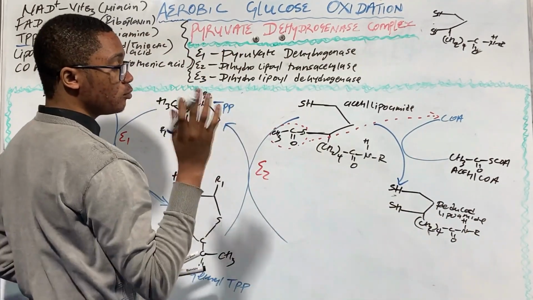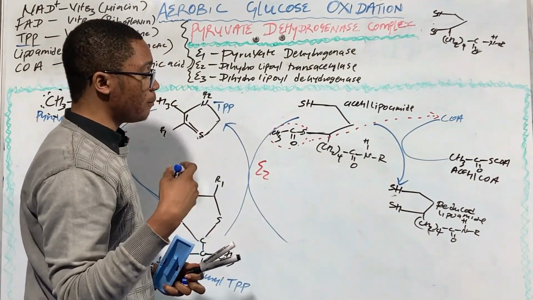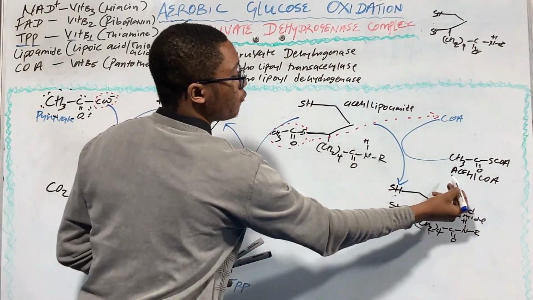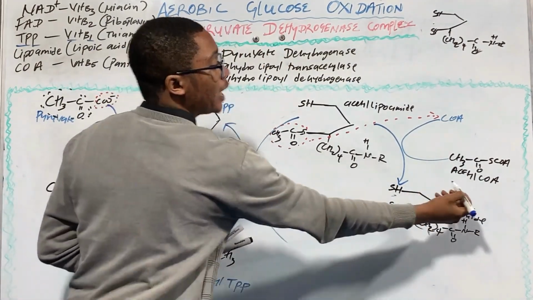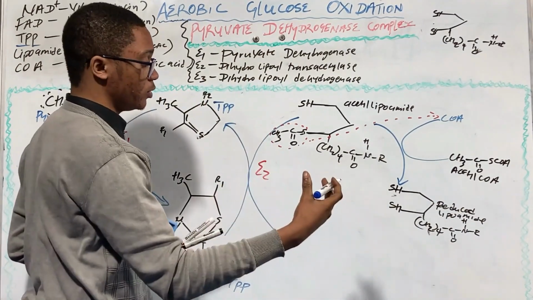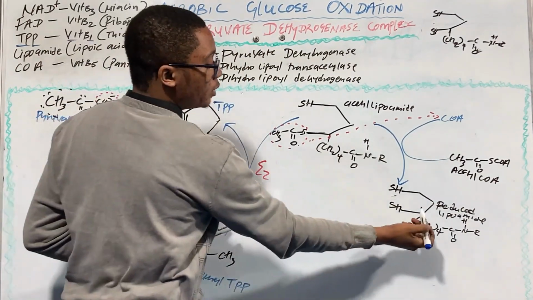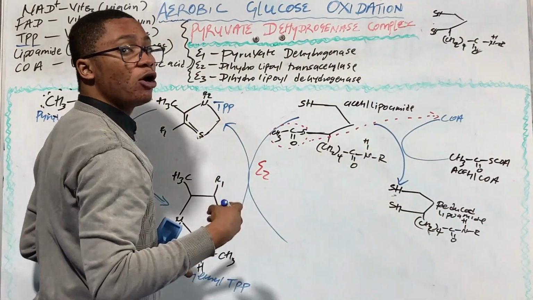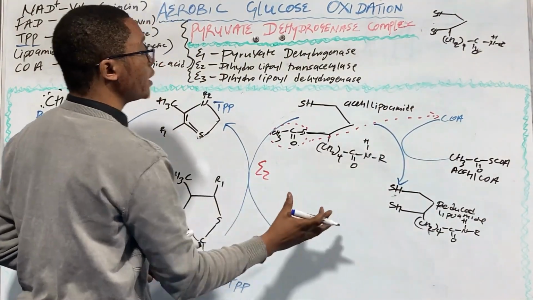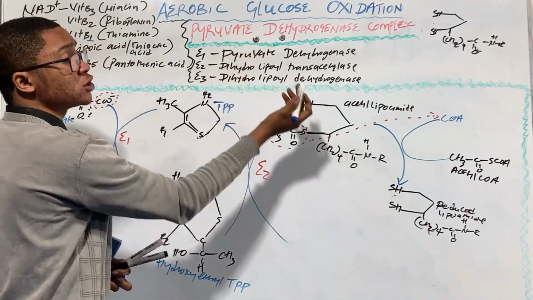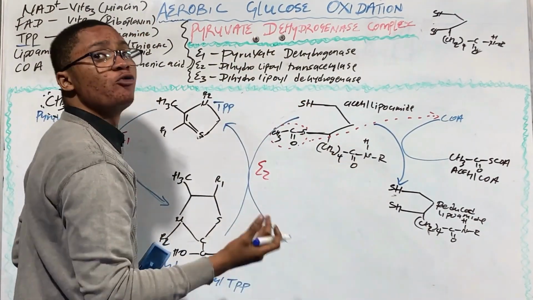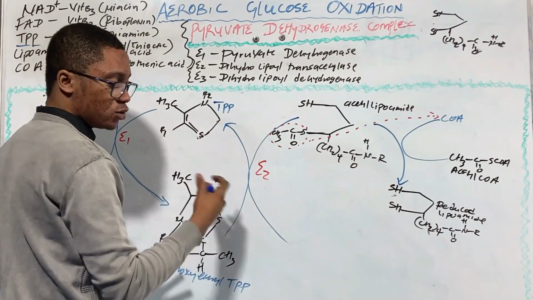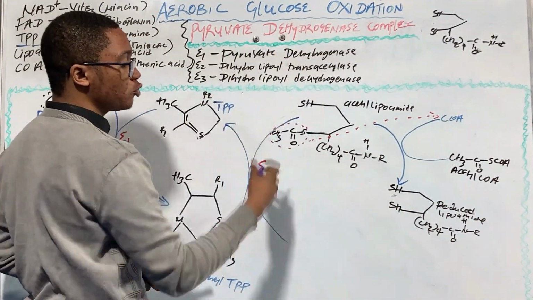Remember, the main goal was to form acetyl CoA, and now acetyl CoA has been formed. But we found out that the lipoamide we used has been reduced, which means there will not be lipoamide for the next step of aerobic glucose oxidation to happen again. So we have to reoxidize lipoamide so that the next step of aerobic glucose oxidation will go on.